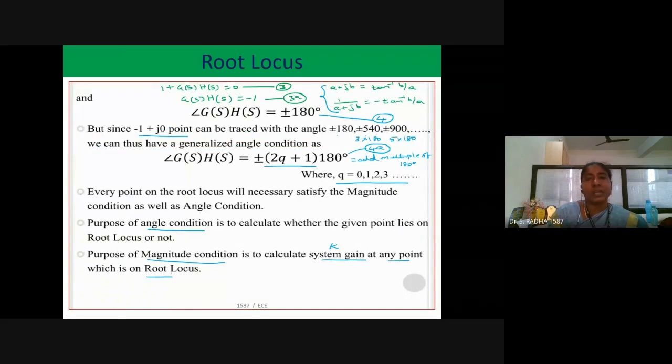To find this, we apply the magnitude criteria. The phase angle criteria is to check, not the k value, but for any given point, whether it lies on the root locus or not. To find these things, we go with the angle criteria and the magnitude criteria.